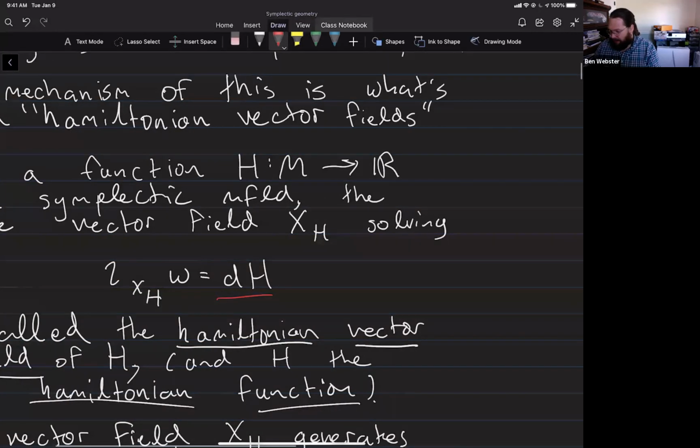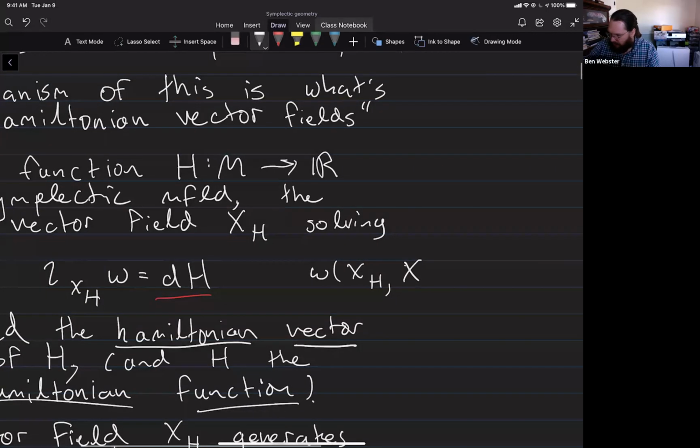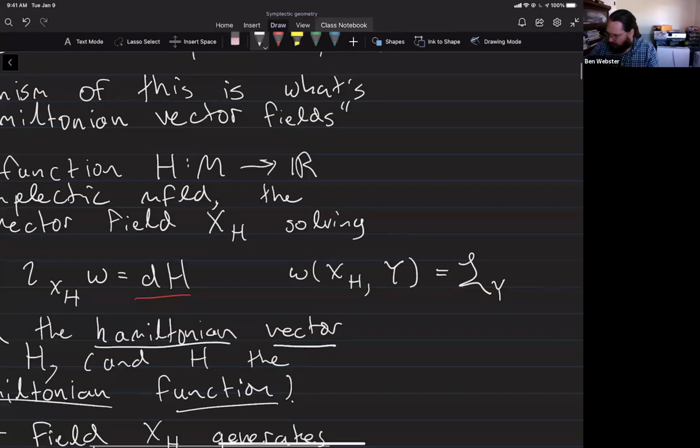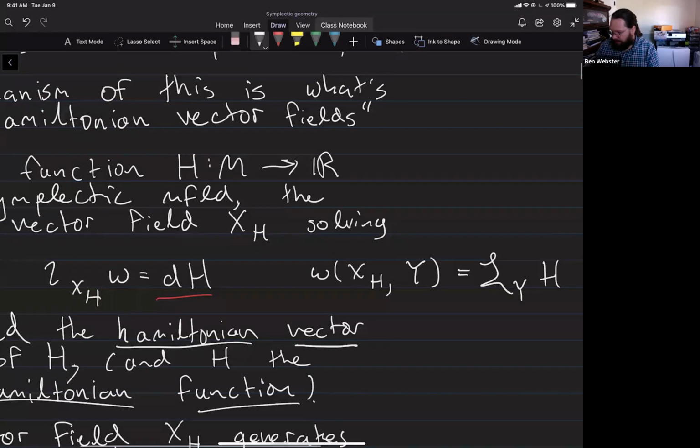Just to emphasize what this means algebraically, this means that when I contract X_H against any vector field, let me call it Y, that gets me a function, and it should be the same function as taking the directional derivative with respect to Y of H. So there's a unique vector field X_H that satisfies this equation.